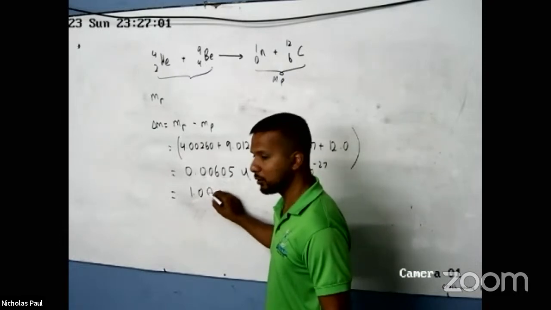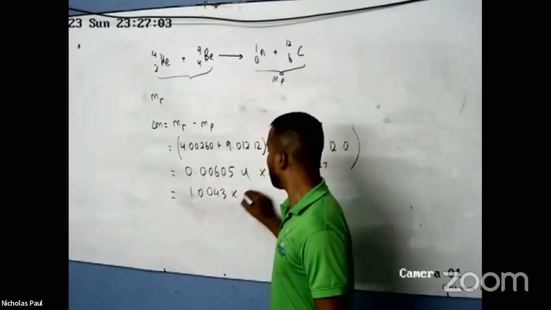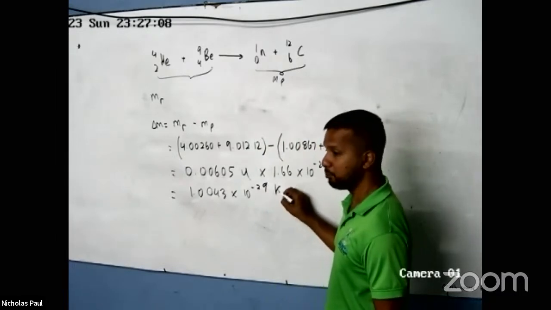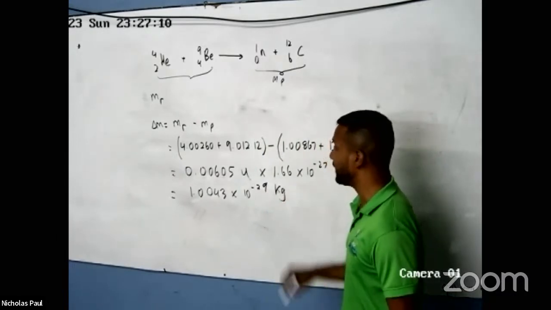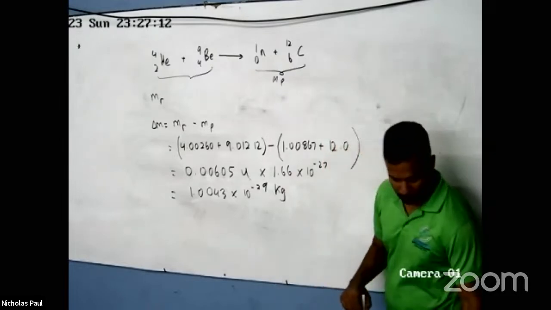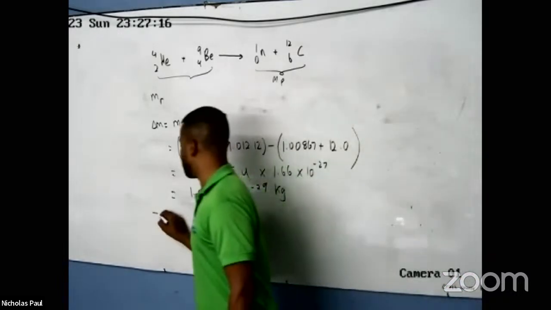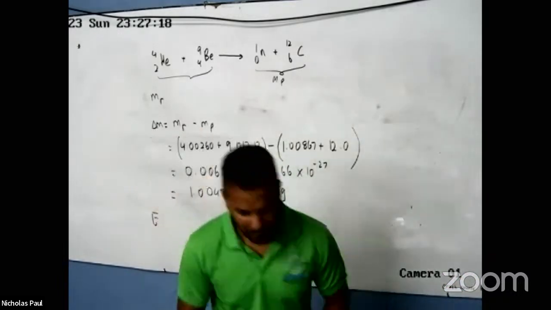So that value in kilograms is 10 to the minus 29. And now you want to get the energy.